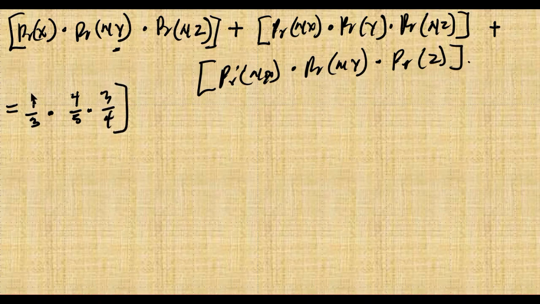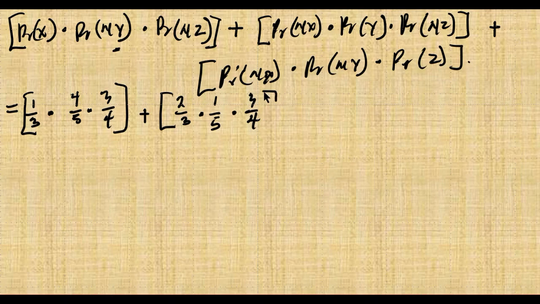Here's the first event that can occur. Or we have the probability of X not to hit the target, that's 2 over 3, and probability of Y to hit the target, that's 1 over 5, and probability of Z not to hit the target, that's 3 over 4. That's the second event that can occur.